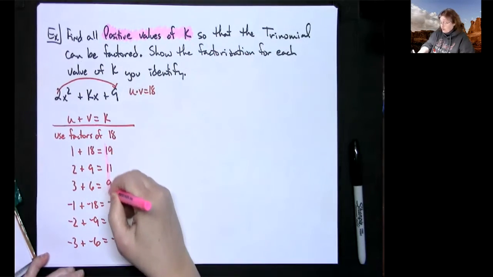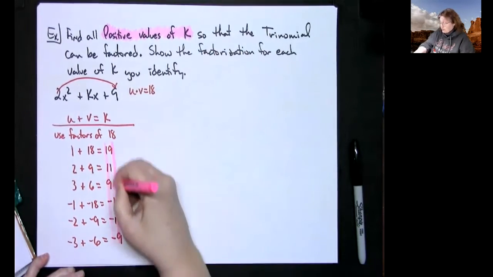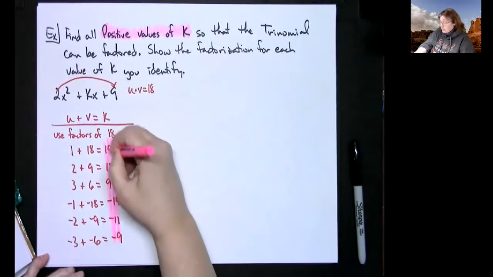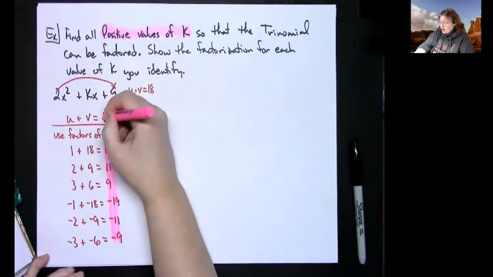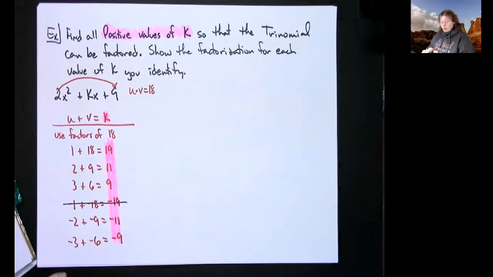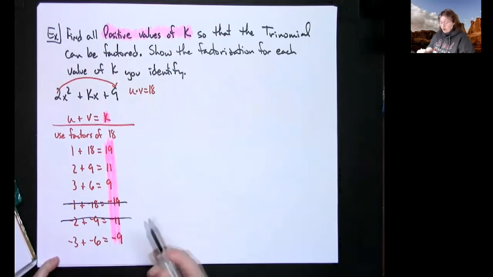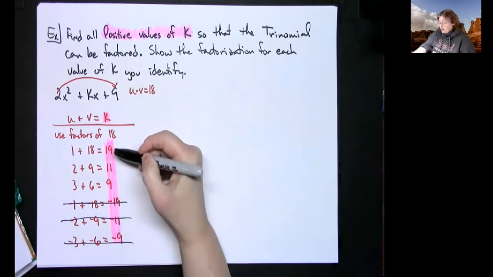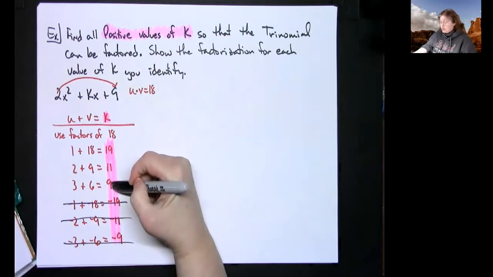These are all my k values, because I added them up and that was my k value. But the question asked for positive values of k. So we're going to cross out these three because they are negative. I only want positive values of k, so I have 3 possibilities.